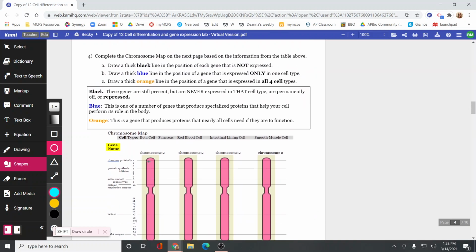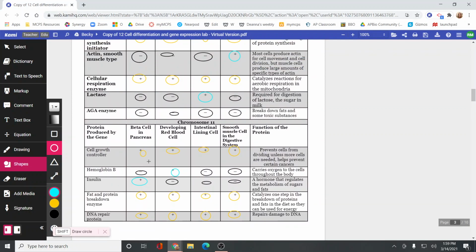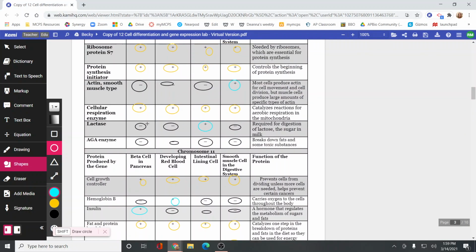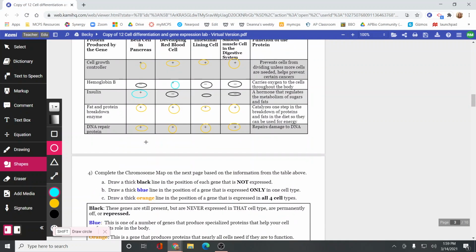Now, what I would like you to do is draw a black line across the genes that are never expressed. So I'm going to look on here and notice that actin, lactase, and AGA are off in the first one.